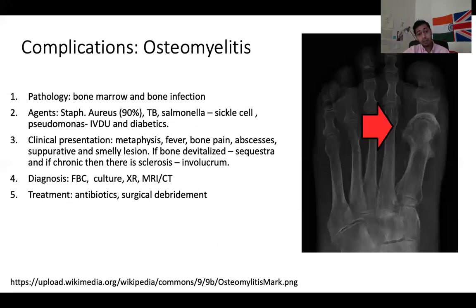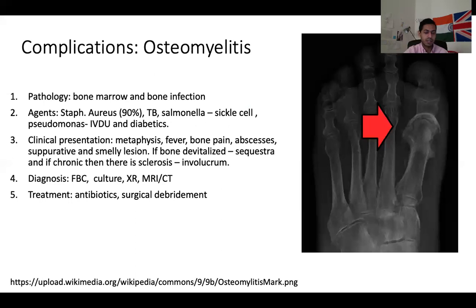And some complications of osteomyelitis could be compartment syndrome secondary to it, because if it's in the metaphysis of a long bone, for example, let's say the tibia or the fibula, it could cause the lower limb to have an increased pressure in the entire compartment, which can cause a lot of issues, and it may need relieving in the form of a fasciotomy.